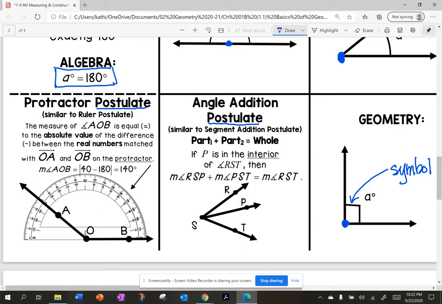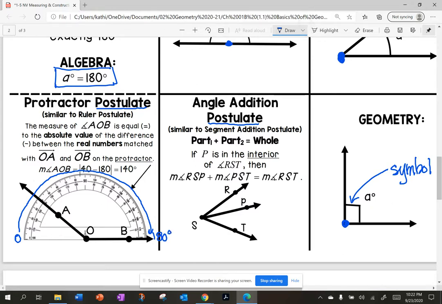So if we notice, I have two different ways I'm measuring here. I'm starting here at 0 degrees, and I'm going all the way around to 180 degrees.